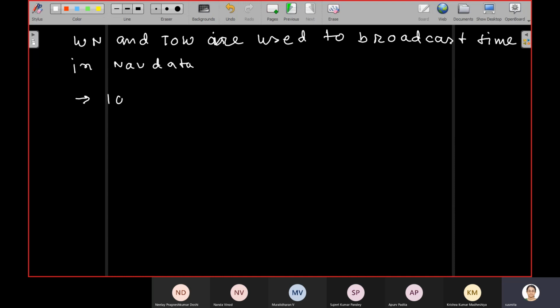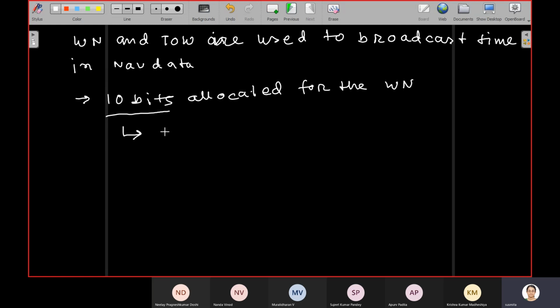And there are 10 bits allocated for the week number. We know that each bit can take one of two values, right? Either 0 or 1, or plus minus 1. It is binary in nature. With 10 bits allocated, the total values that can be represented is 2 to the power 10, which means 1024.